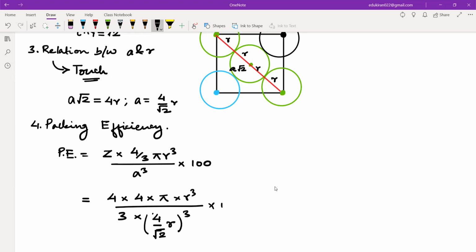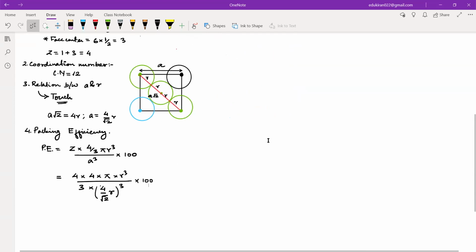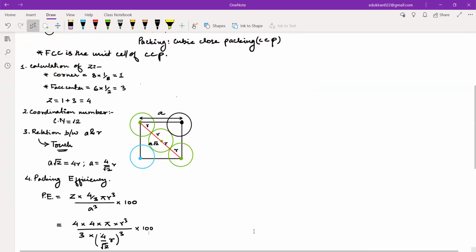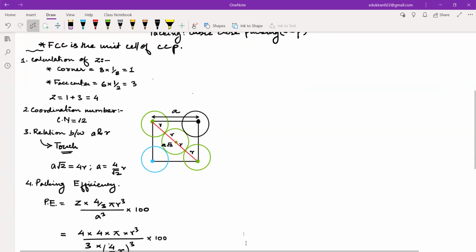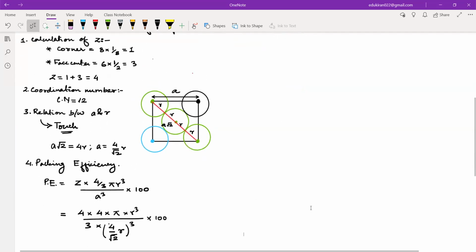Into 100. Okay. So you can solve this, right? Those who want to write, they can write also the previous parts. If you want me to scroll up, no, I don't need to scroll up because our class today started from here. Write this down.